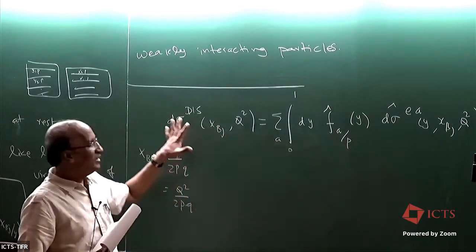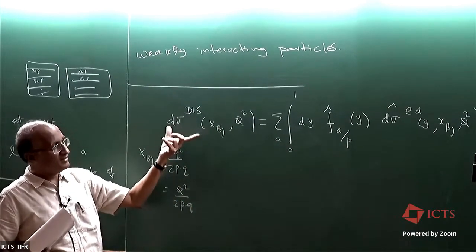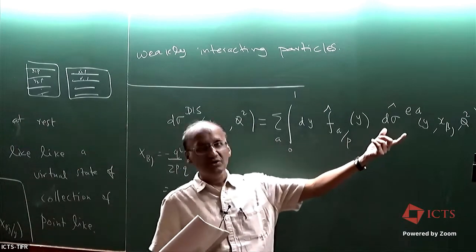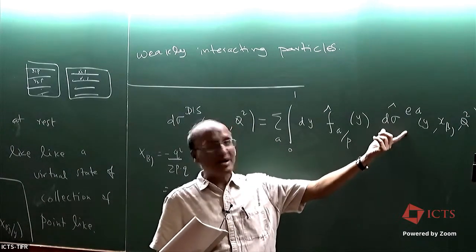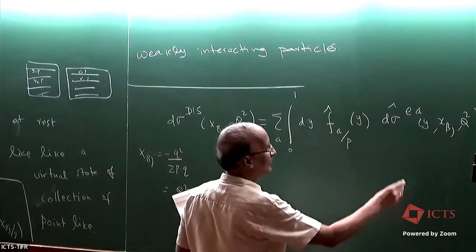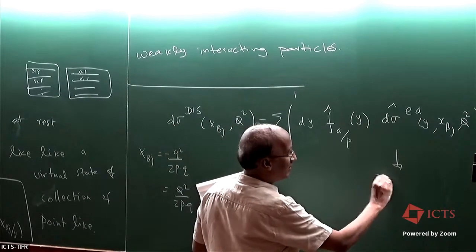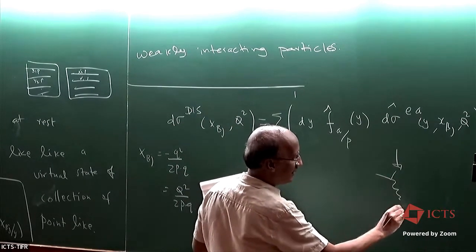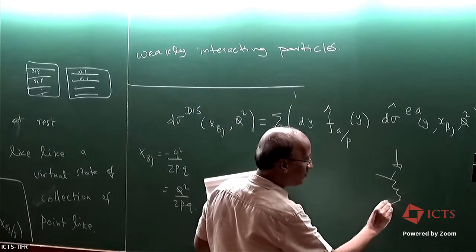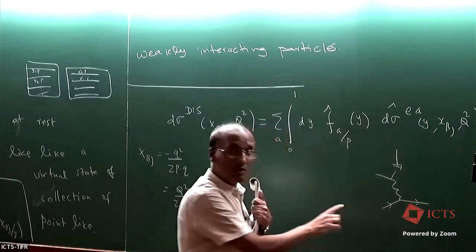Basically what it means is that deep inelastic scattering is related to elastic scattering. The sigma hat for eA is simply a process where an electron hits a point-like object and then it goes. So this is a point-like scattering.